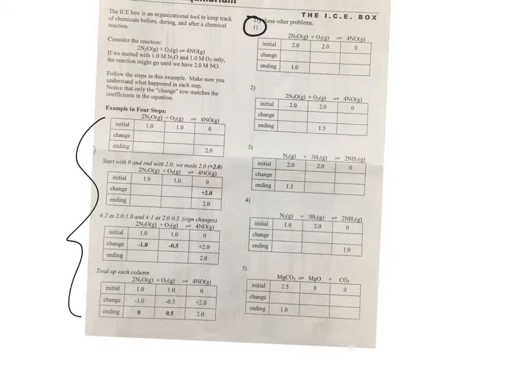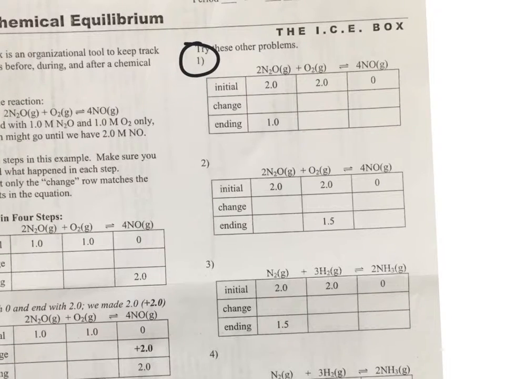So if you notice, the ICE table is already set up for you, okay? It just goes R-I-C-E. So it already has that. I know this says ending, but equilibrium, same thing, okay. At least, I want you to pick a couple of them. Do number 1 for sure. That one I got the key memorized.